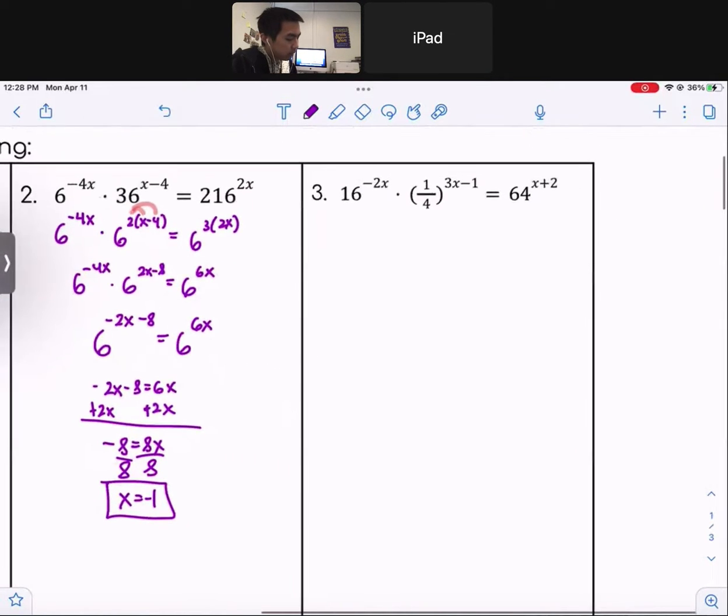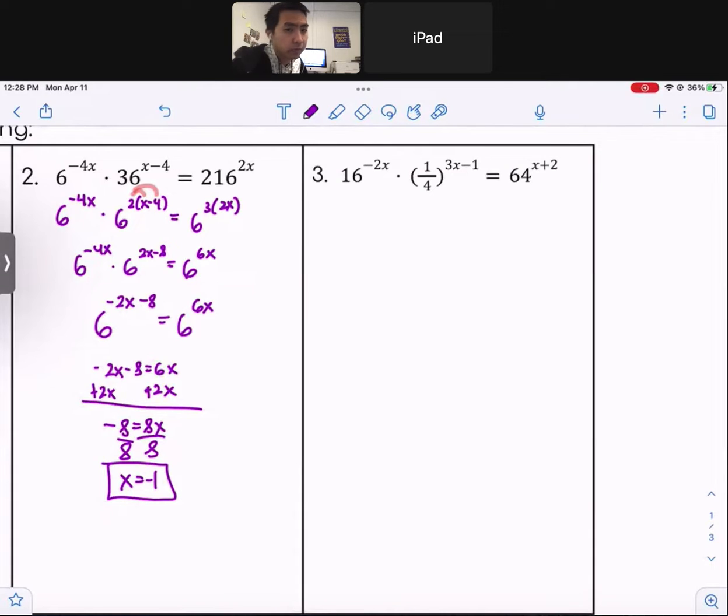Number 3. For here, between 16, 4, and 64, we can get all of those to be the same common base of 4, or 2. It doesn't matter, 4 or 2 would work. But I'm probably just going to use a common base of 4.